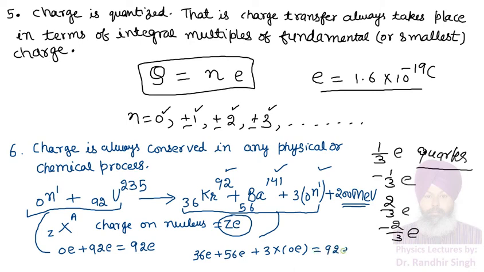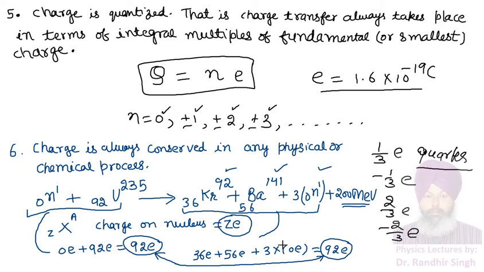You can see that the charge after this nuclear process is equal to the charge before it. So this is an example where charge conservation has been verified, but it is actually verified in all sorts of physical or chemical processes.